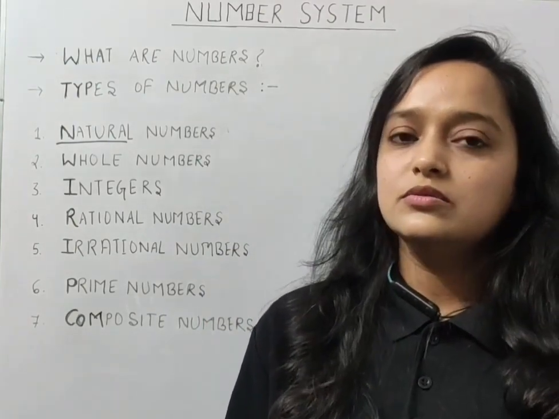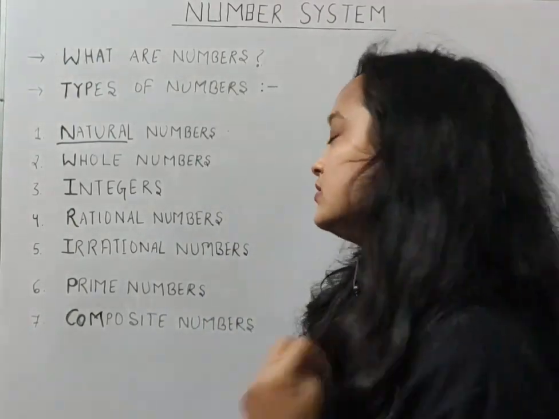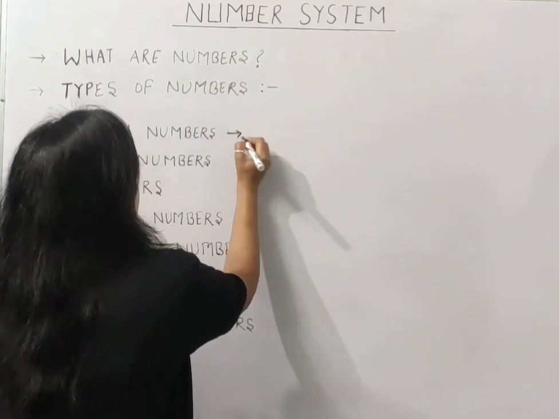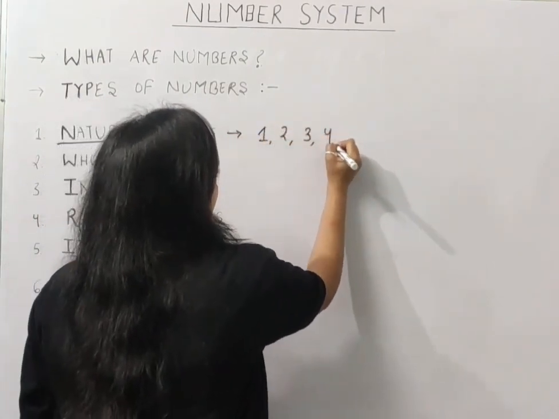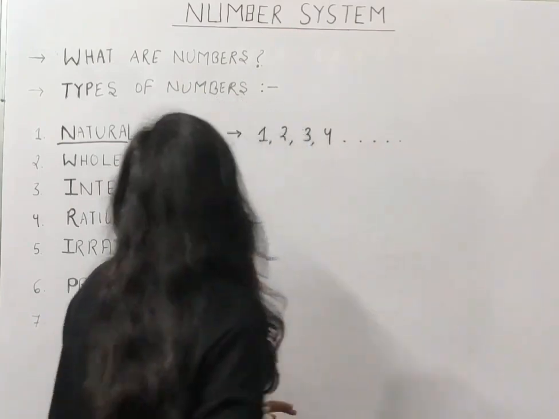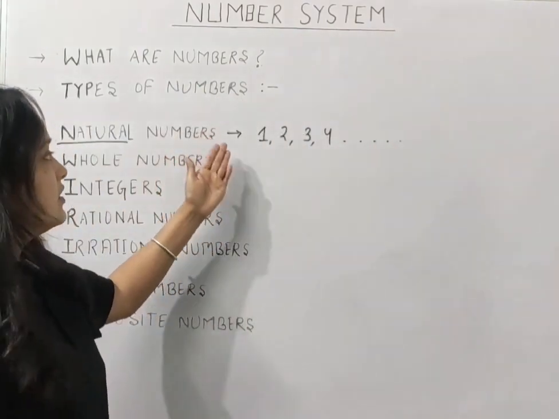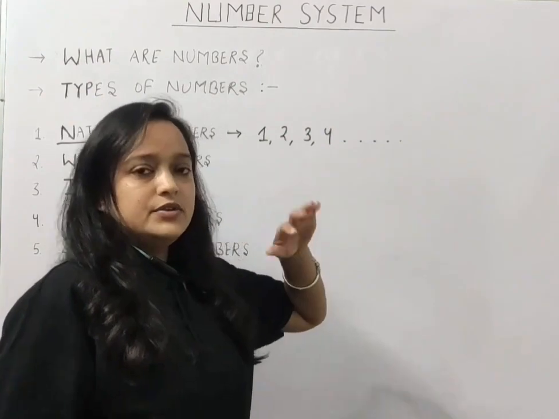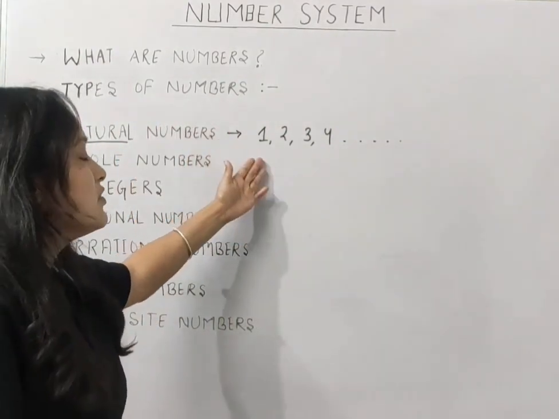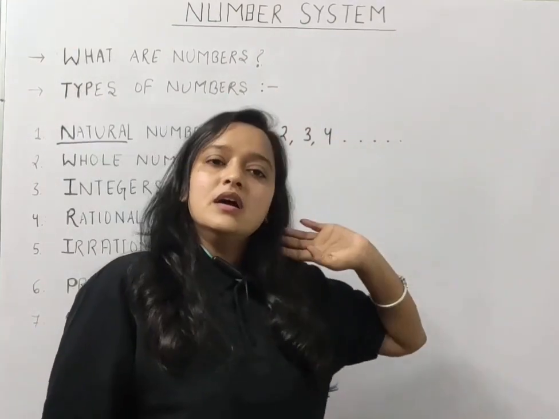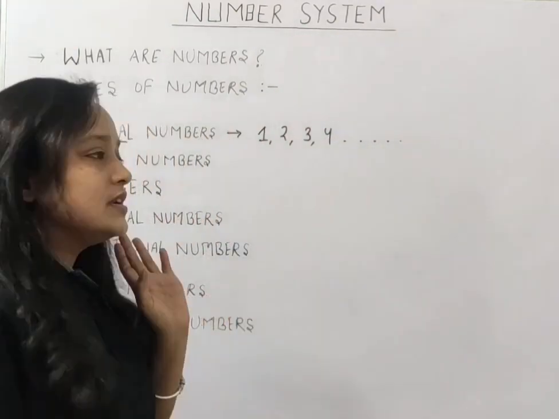From 1, 2, 3, 4 and so on. So natural numbers start from 1 and go up to infinity. These are your natural numbers.